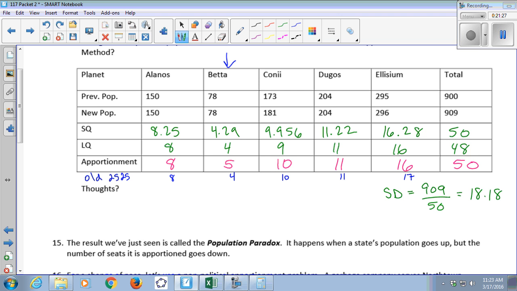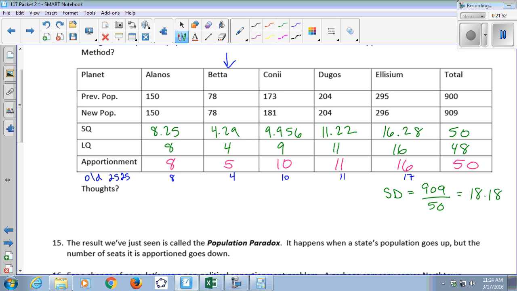Their population stayed exactly the same, right? They had 78 people, they still have 78 people, and they lost a seat. Okay, so they might be upset by this result. Yep, they have less representation now. Who else might be upset by this? Oh, sorry, they gained a seat. They had 4, now they have 5. So beta is like, that's cool, we'll take another seat, right?